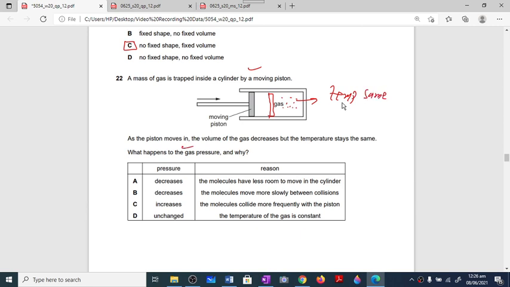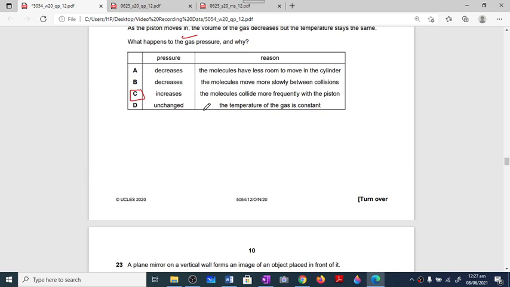What happens to the gas pressure and why? Pressure and volume are inversely proportional to each other, so pressure will increase. This is a straightforward answer. There is no other option related to this. The molecules will collide more frequently with the piston, with the walls of the container. So option C is the valid option for question number 22.